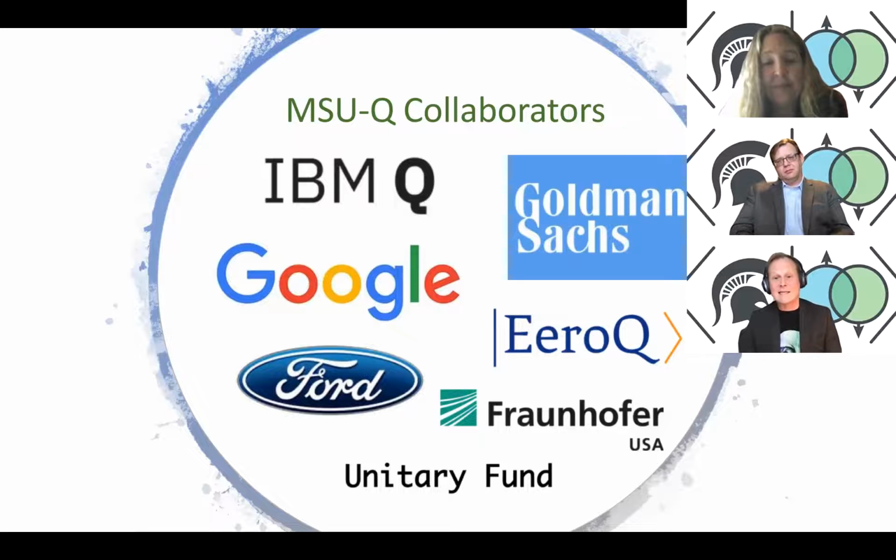Similarly, Goldman Sachs has a really fantastic quantum algorithm team, and they're working on scientific problems associated with optimization for financial problems. But yeah, it's probably the most fun and interdisciplinary part of my job, interfacing with these people that come at this problem from so many different perspectives and with so many different goals in mind.